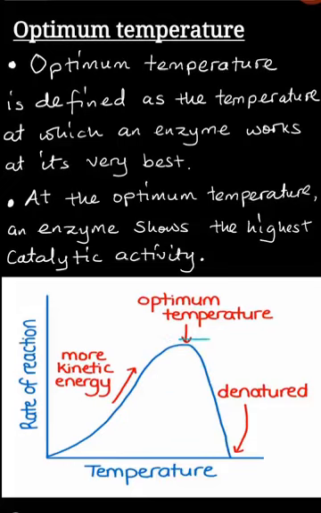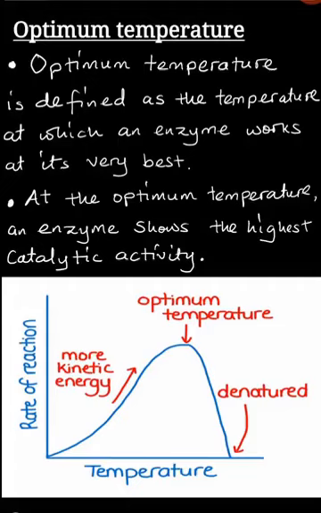So now, what happens is, as you continue increasing the temperature, you are going to go past the optimum temperature. When you go past the optimum temperature, the shape of an enzyme will start to denature. Remember what we explained in the previous lesson?